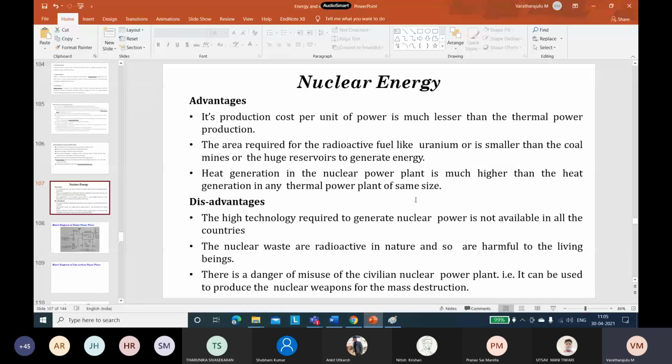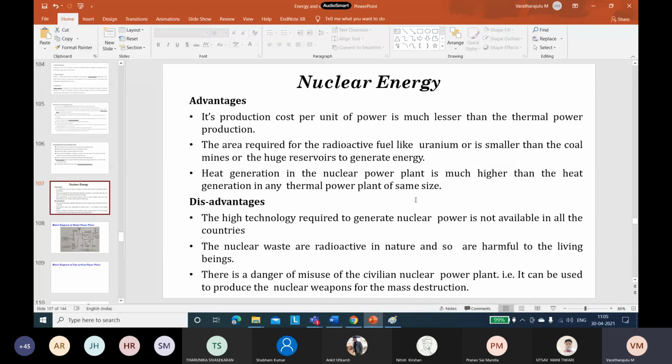On weather conditions, a nuclear power plant is not affected by adverse weather, and its function throughout the year is constant. In the case of hydropower plants, it depends on the monsoon, but the monsoon or the weather won't be an issue for a nuclear power plant.